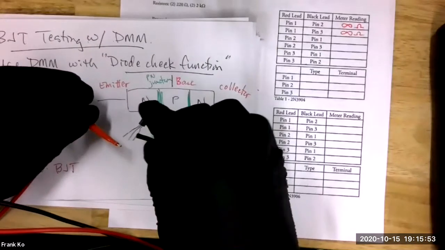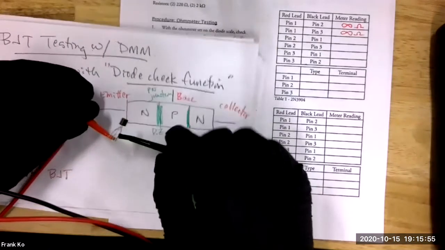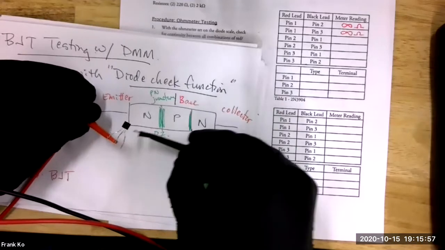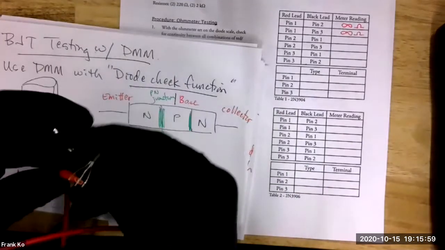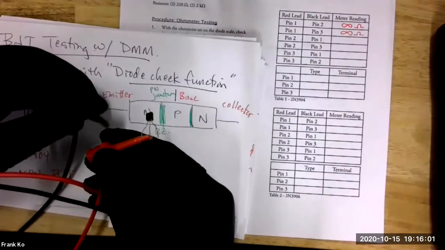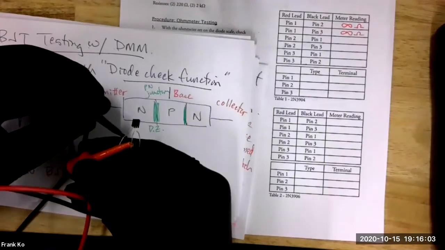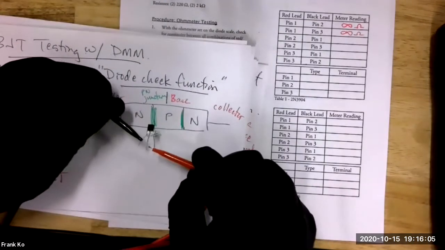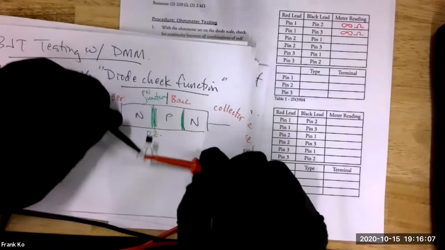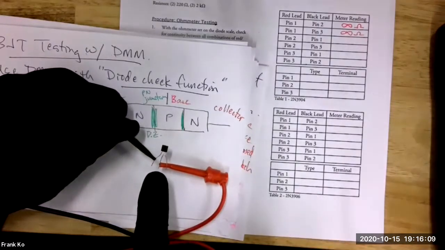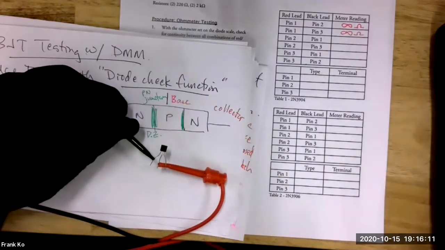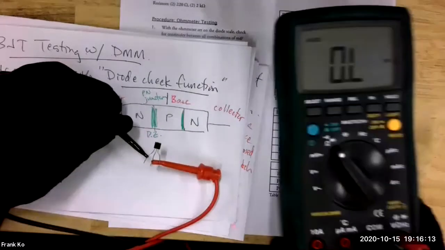So I'm going to put red on 2 and black on 1. Switch these around. Is that what you have? And what do you measure?